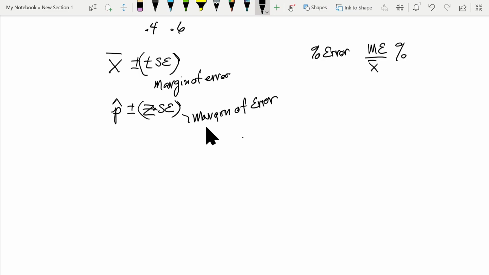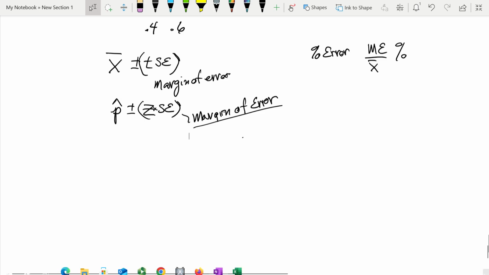This one, you don't do that. This is the percent margin of error that's quoted. So it's purely a width that you've got. Okay, the easiest way to do these is to do them.